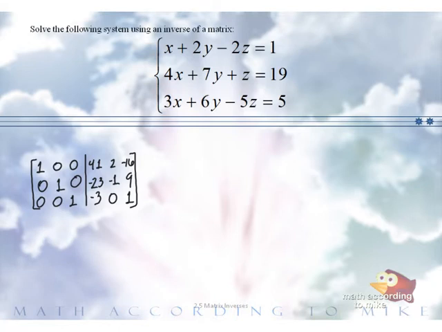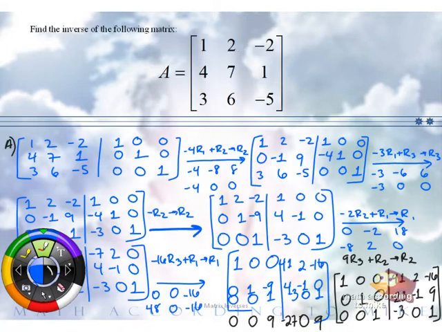Hi, class. We just found the inverse of the coefficients in the previous problem. If you look at those coefficients, 1, 2, negative 2, 4, 7, 1, 3, 6, negative 5. We already found that inverse. If you forgot, there they are right there.